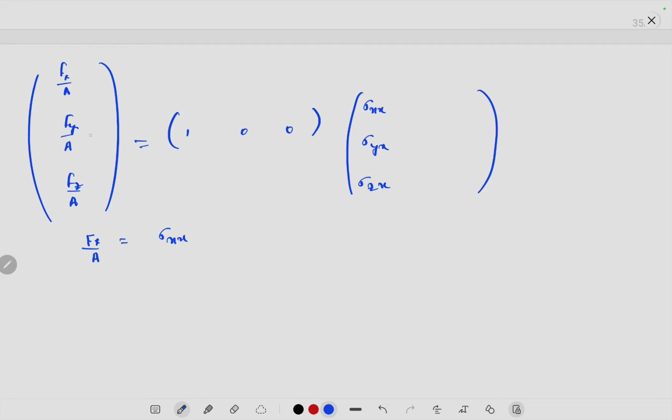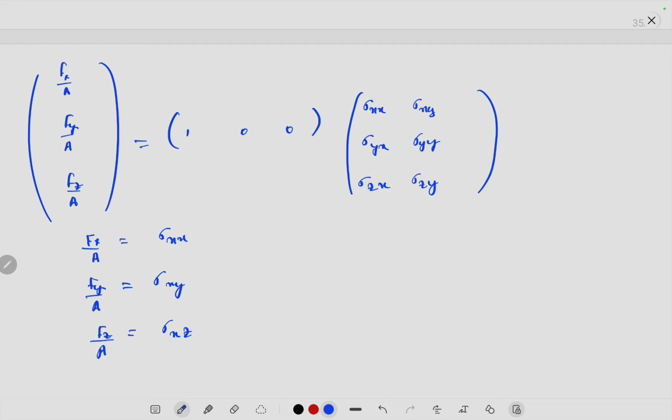and similarly I will find fy by A equal to, so this is my sigma xy, so 1 times sigma xy plus 0 times sigma yy plus 0 times sigma zy, which will give me sigma xy, and similarly fz by A will be sigma xz.